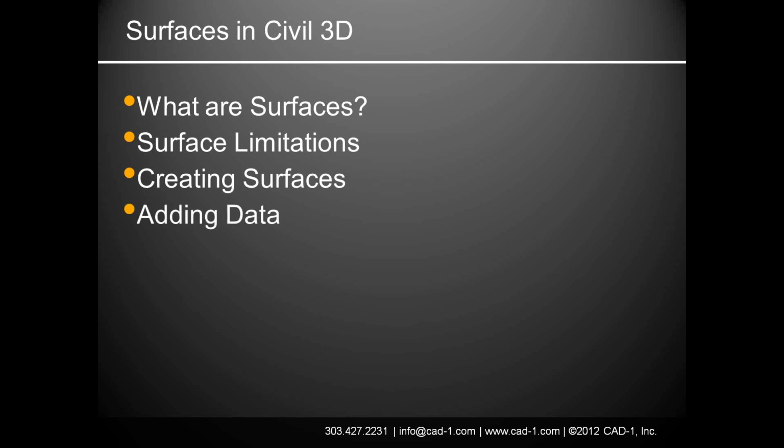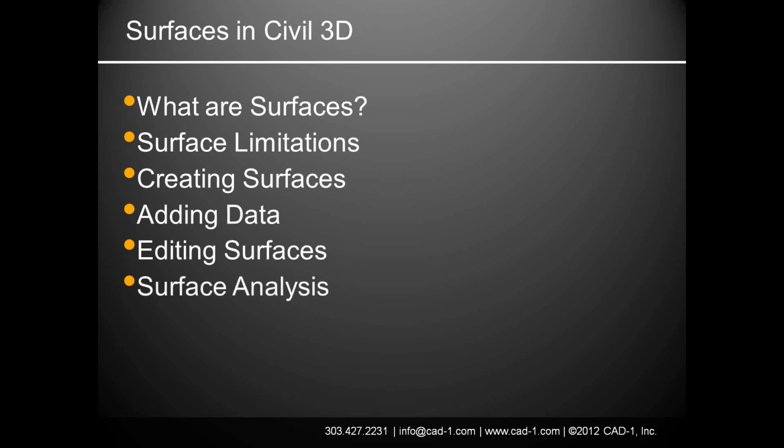How do you add data, and what settings should you use as you add data to the surfaces? We're going to talk about editing surfaces. I have some pretty strong opinions when it comes to editing surfaces. Surface analysis, so how do you go about analyzing your surfaces? We're going to talk about some tips and tricks depending upon the time. So let's go ahead and get right into it.